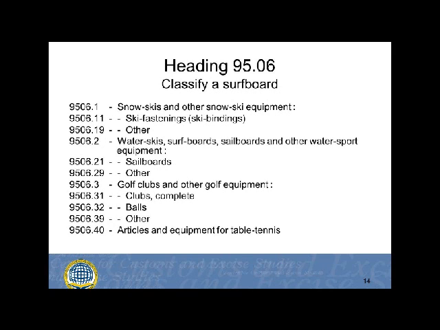Surfboards are included within the product description of subheading 95062. Subheading 95062 is further subdivided into two six-figure subheadings, each represented by two dashes.